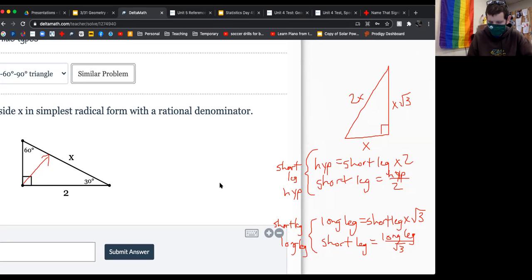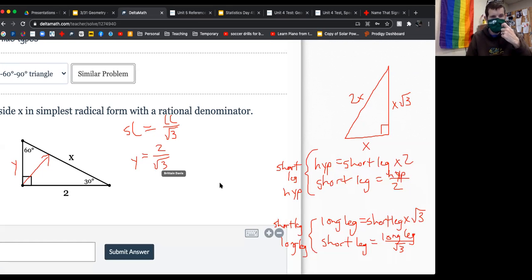And so I'm going to use this equation right here. All right, that helps me solve for the short leg. And I'm just going to use SL from now on and LL. So the short leg equals the long leg divided by the square root of 3. I'm going to call this Y. I'm just creating my own variable there. The long leg is known, it's 2.